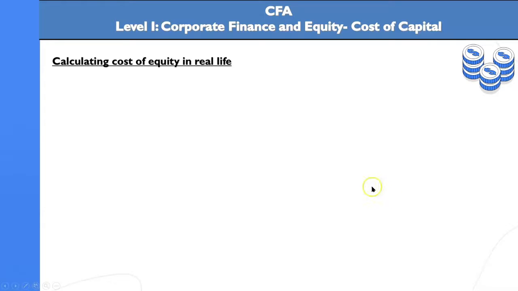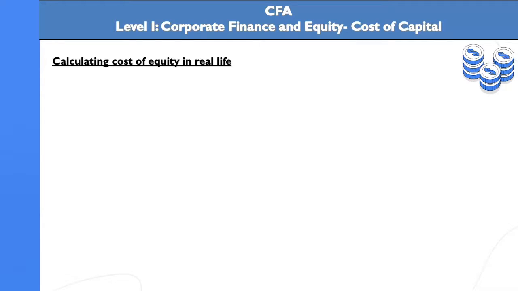As we mentioned in video number 9 of this series, we went into a deep discussion of how to calculate the equity cost, which we do using the capital asset pricing model, which we normally call CAPM.